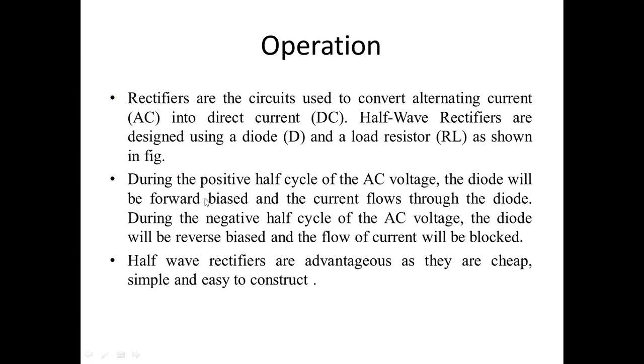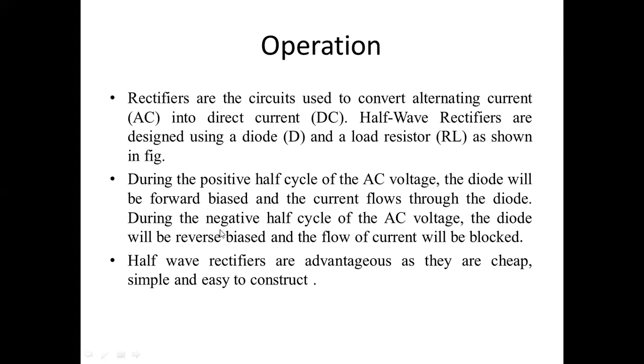During the positive half cycle of the AC voltage, the diode acts as forward bias. Positive is given to the P and negative is given to the N semiconductor. In that situation we call it forward bias, and the current will flow from positive to negative through the diode.